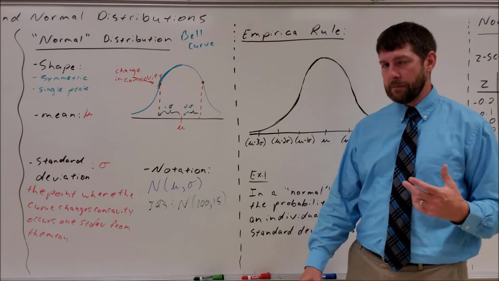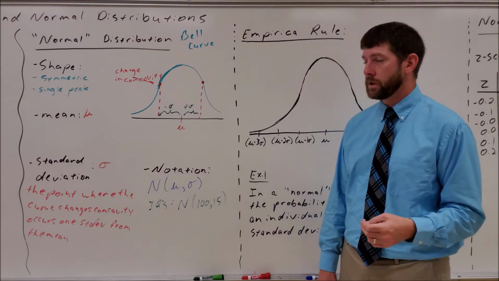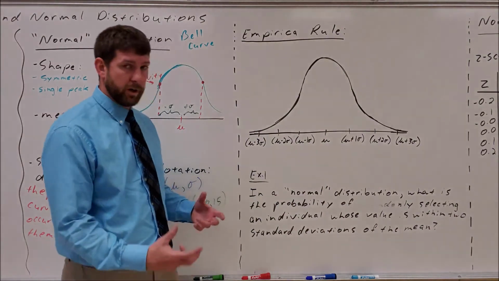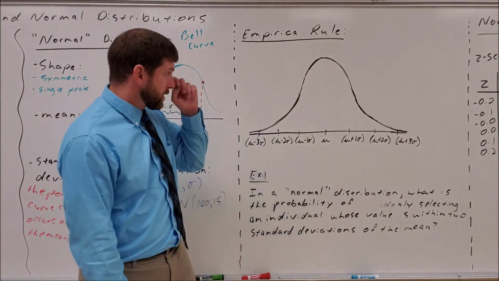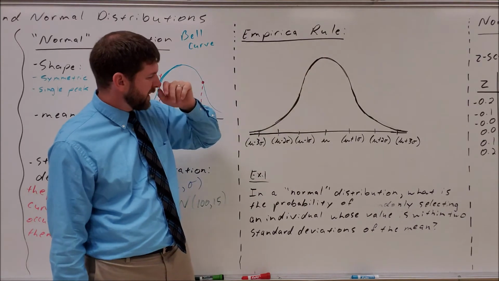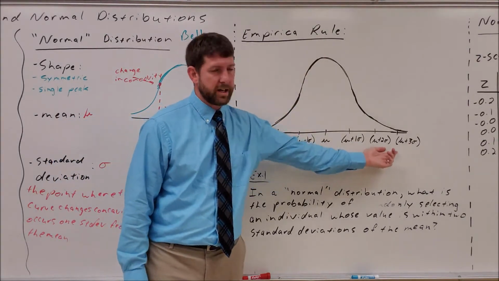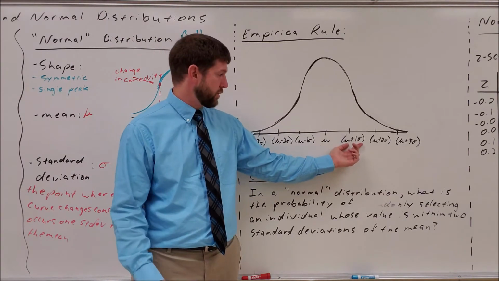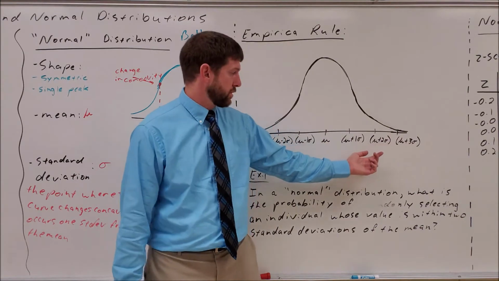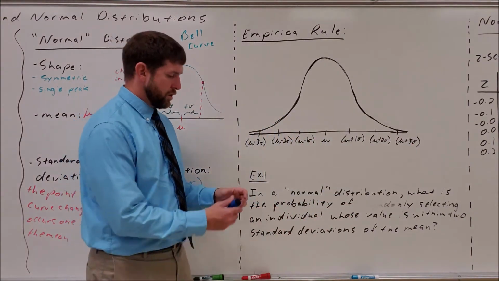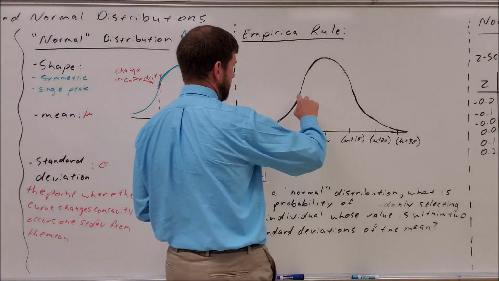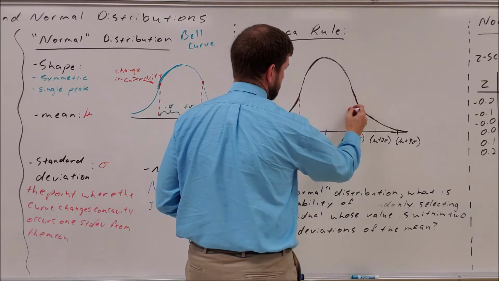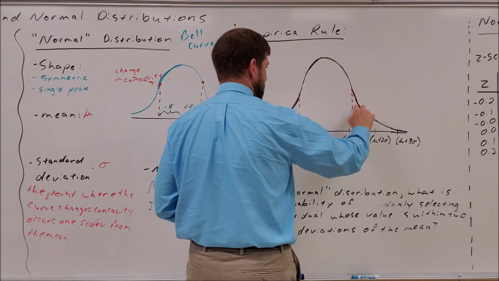Some other characteristics that make a quantitative distribution normal are the frequency that each of the values occurs, or the relative frequencies. As you see right here, I have a normal distribution and I've broken it up into one standard deviation chunks. We have the mean in the middle, and then one standard deviation to the right of the mean, two standard deviations to the right, three standard deviations to the right. So it divides our graph into these equal width chunks.